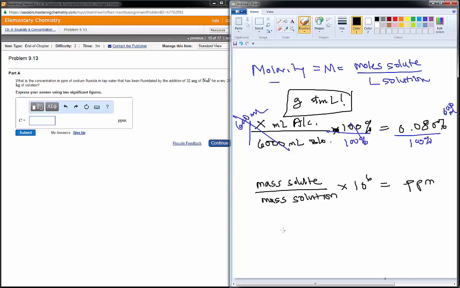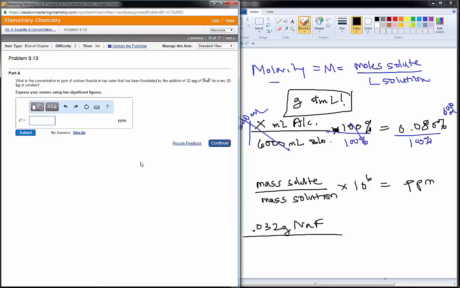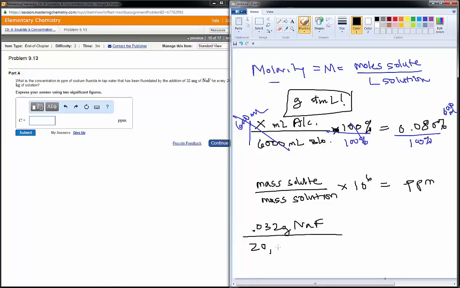So 32 milligrams of sodium fluoride would be 0.032 grams sodium fluoride. And 20 kilograms of solution is 20,000 grams of solution. I have to multiply that by 10 to the 6 to make it a parts per million.